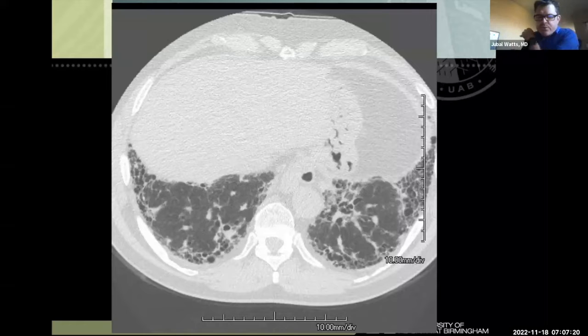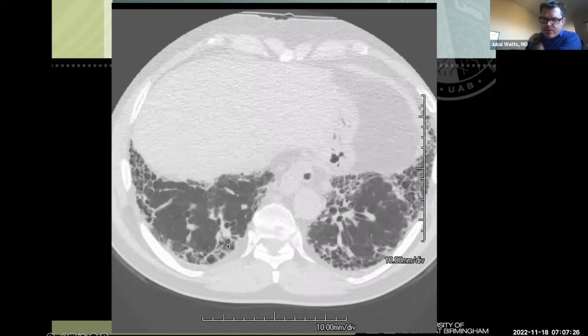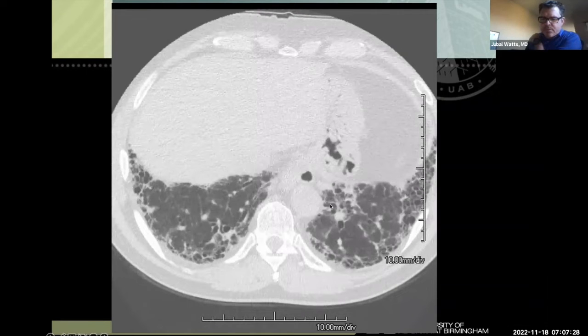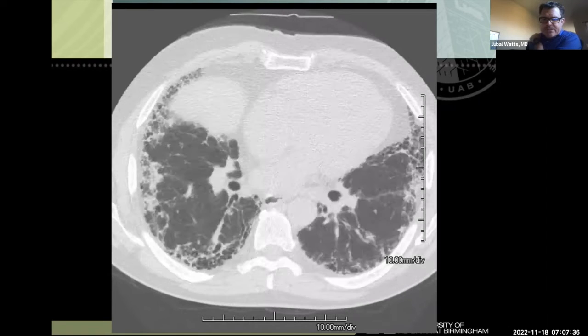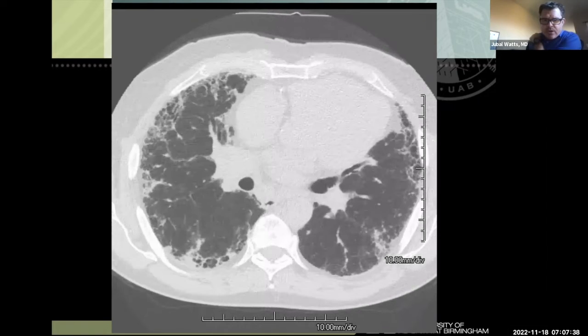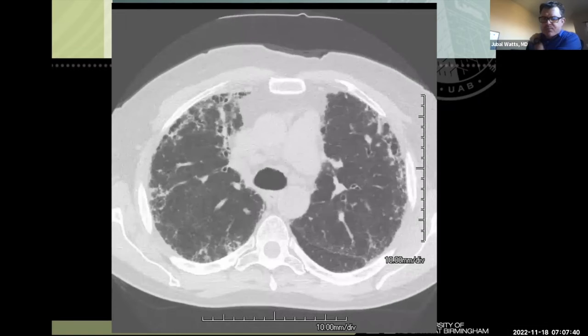So we have basilar and peripheral reticulation with traction bronchiectasis. You can see some of these bronchi going into the subpleural lung are dilated, and we have honeycomb type cysts. There's no real ground glass density. And we see areas of normal lung.